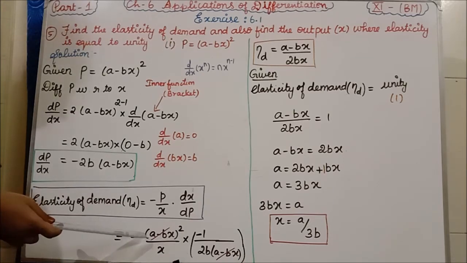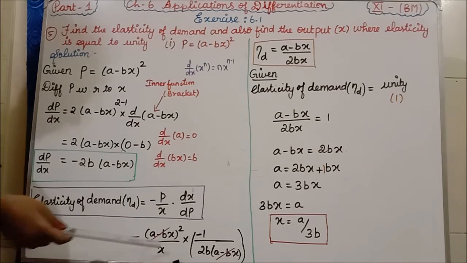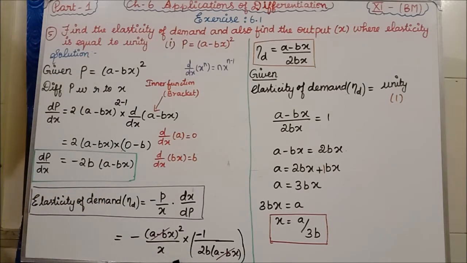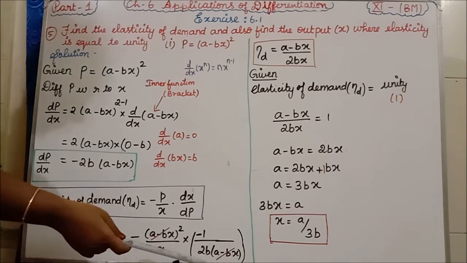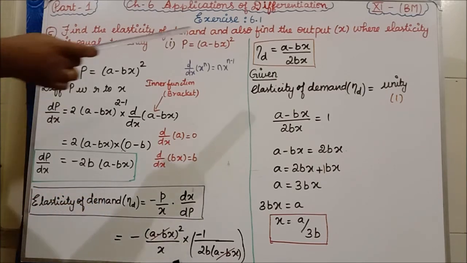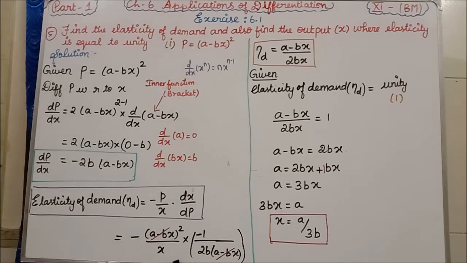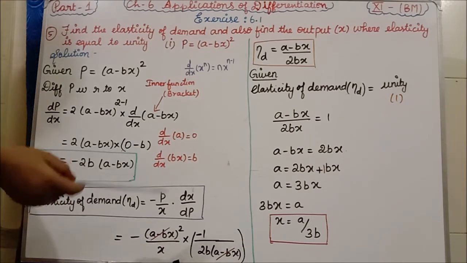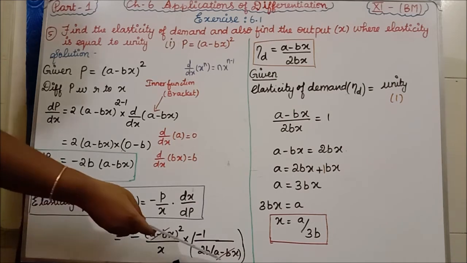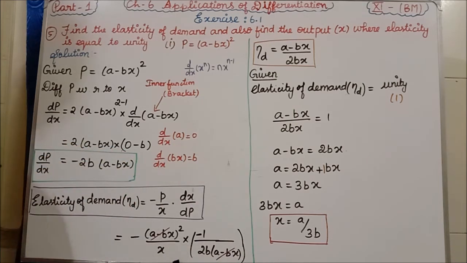Then minus and minus becomes plus: (A minus Bx) divided by x into 2B, which is 2Bx. So elasticity of demand eta D is equal to (A minus Bx) divided by 2Bx. How do we get (A minus Bx) in the numerator? Because here it is 2 (A minus Bx) and here 1 (A minus Bx). So one gets cancelled, and the remaining one is that (A minus Bx).